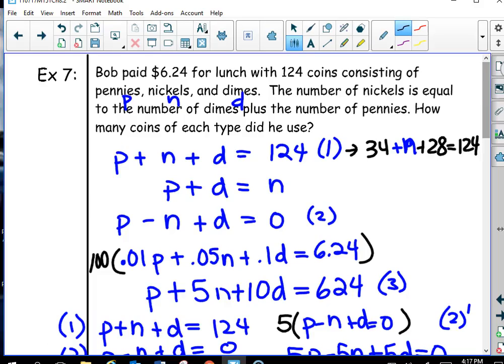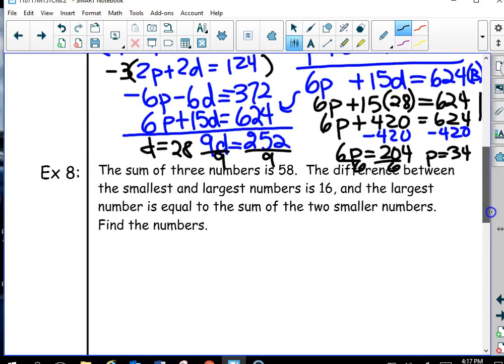So when we subtract 34 and 28 from 124, we get 62. All right, so N equals 62. And there's my three answers to that problem. Okay, stop this video. See you on the next one.